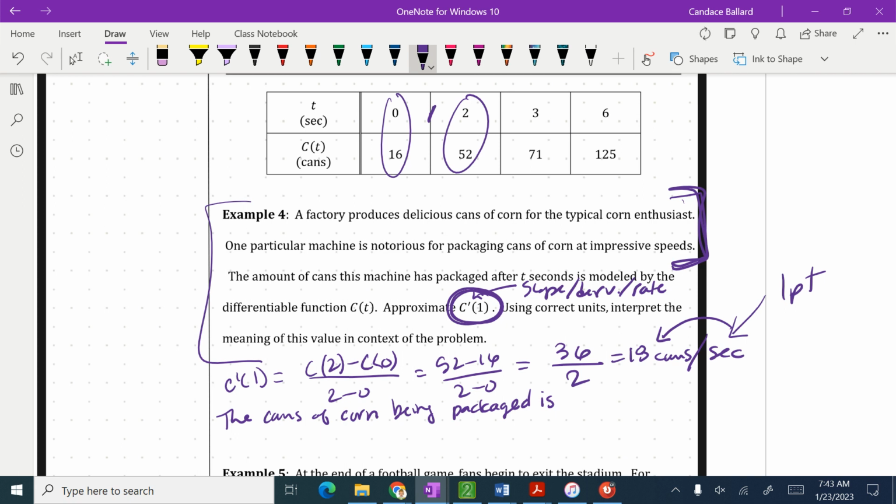Is it positive or negative? Positive, so it is increasing, and this is where you use the word rate: at a rate of, and then you literally plop that in there, 18 cans per second.